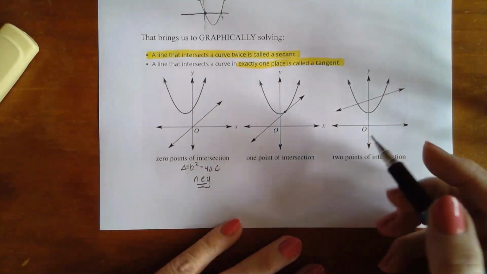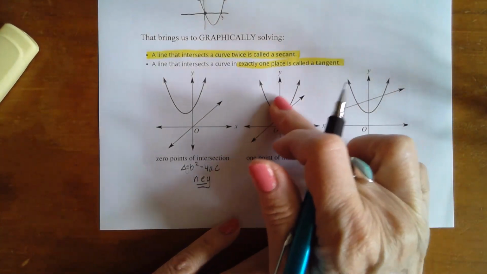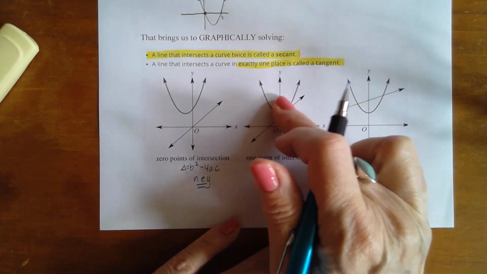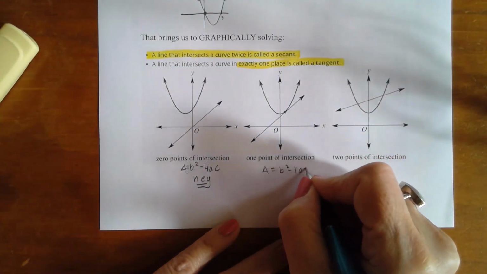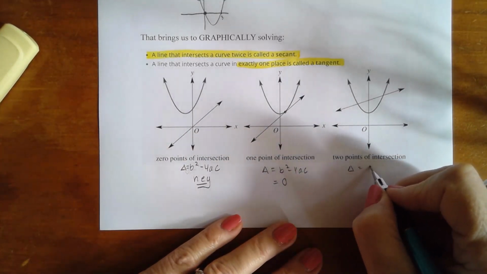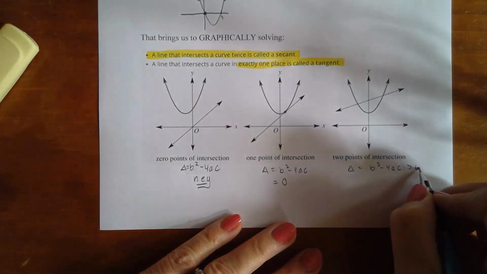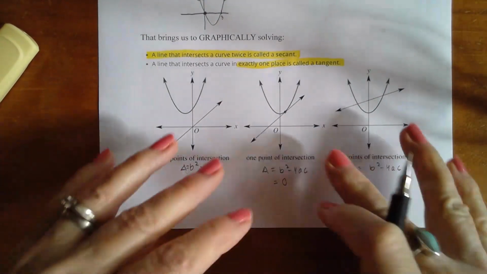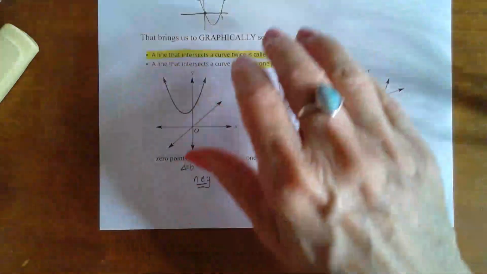When there's one point of intersection, same thing, the discriminant would be 0, and this one would be greater than 0. Okay, so just like we did before, except I'm starting out with the simultaneous equations first.